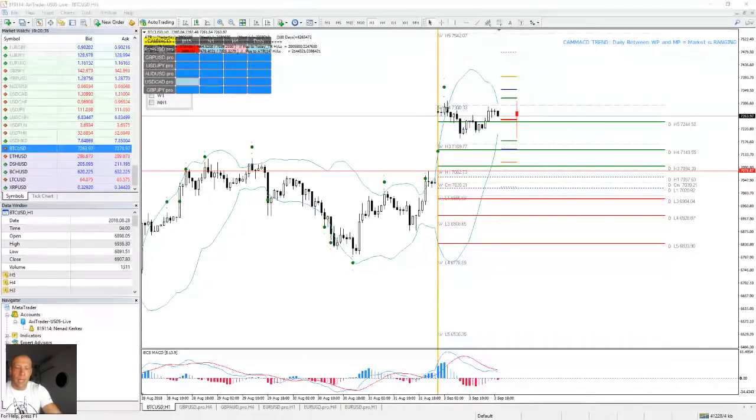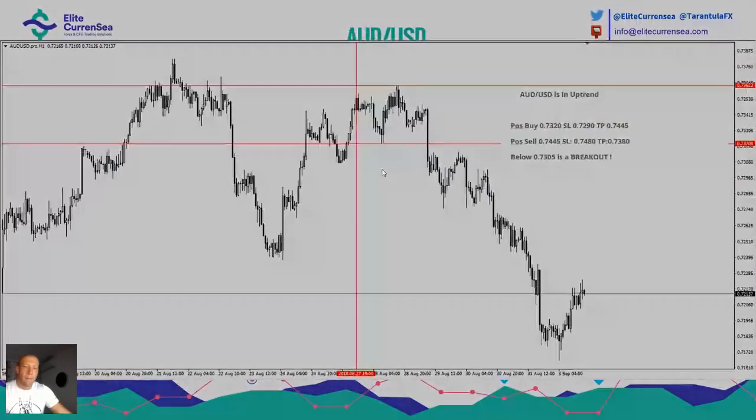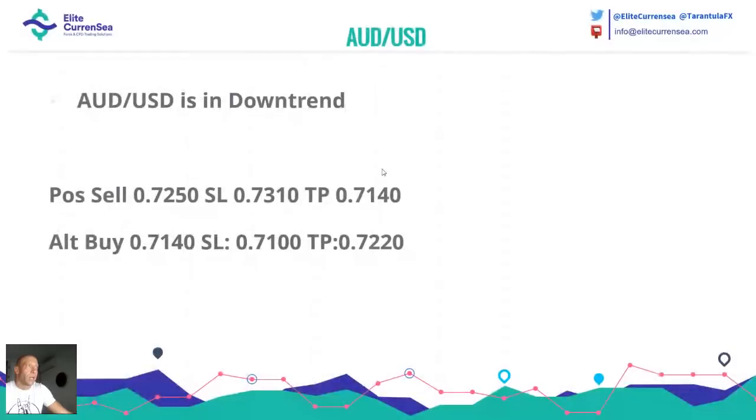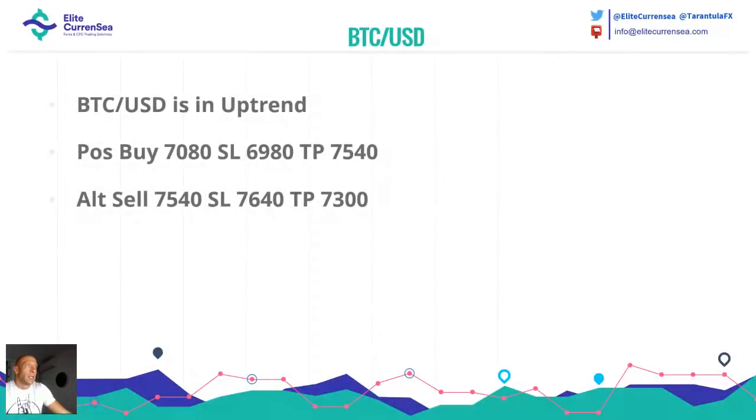Position buy, alternative sell, and the BTC is in an uptrend. Sorry guys for these typos, but I'm managing a lot of things here, trading, whatever you see. So this is definitely the BTC, and I think that this could be a valid trade.